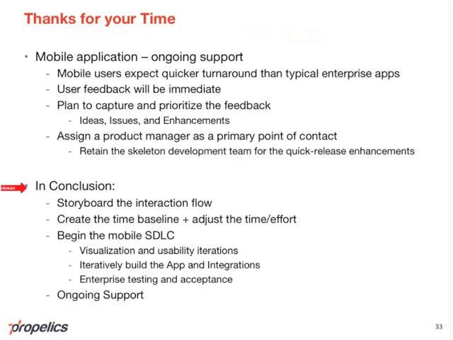So as a wrap up: storyboard and interaction flow. Create your basic strawman timeline. Adjust based on FTE effort, challenges, corporate culture, and complexity. The SDLC visualization is key. Iteratively build, and then enterprise testing with the ongoing support.